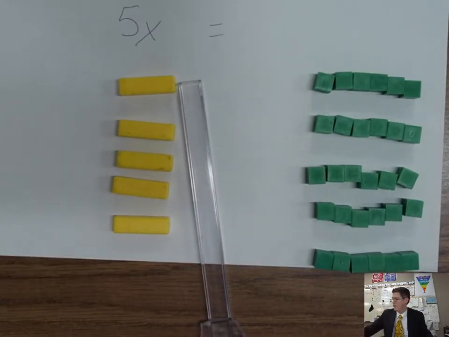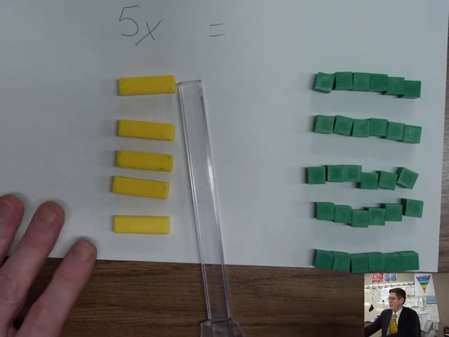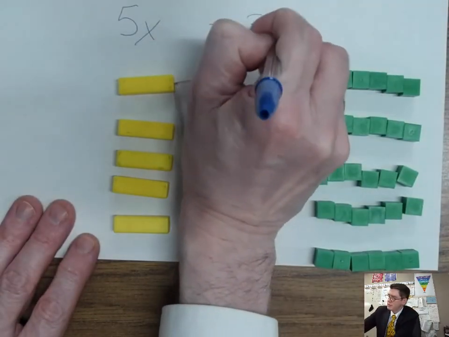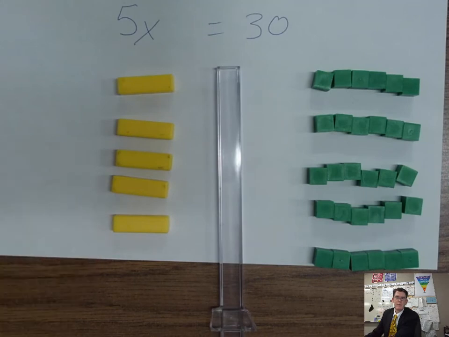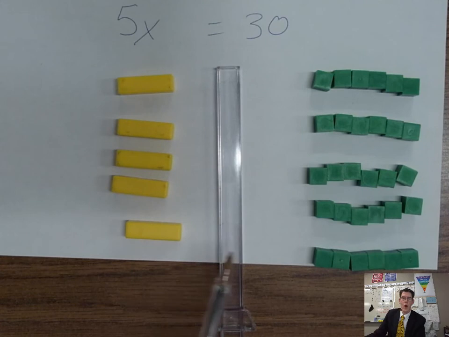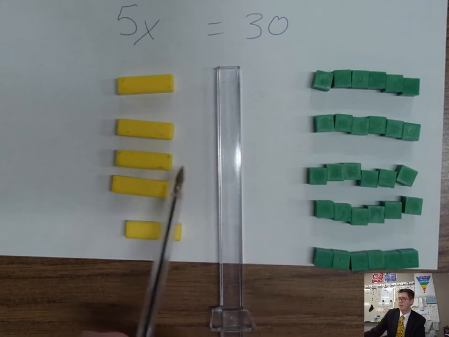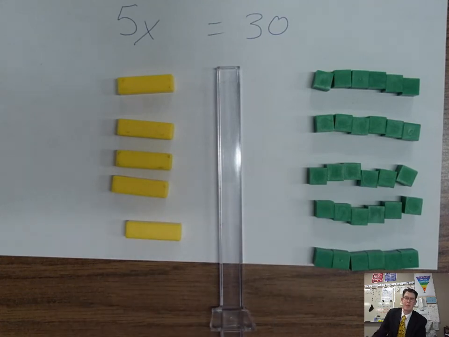We had 30 tiles here. And if I split them into 5 equal piles, then each of these x's is worth 6. So if 5 x's is 30, then one of the x's is worth 6. So x equals 6.